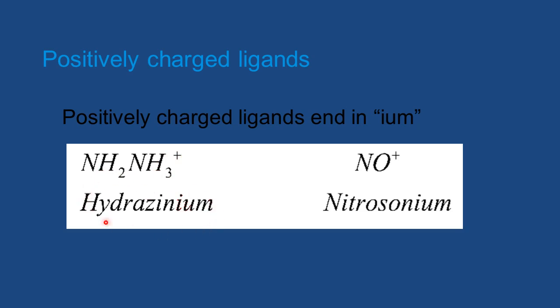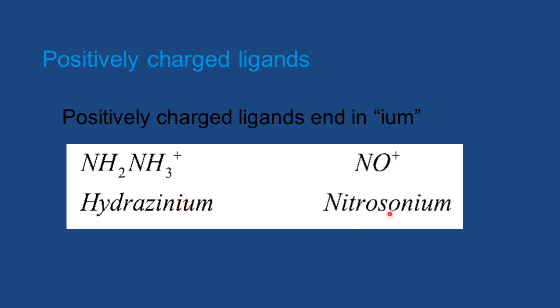So the name ends in IUM, from hydrazine to hydrazinium. Similarly, nitrosonium. If NO has a positive charge and is being used as a ligand, we have to write nitrosonium ion as it is a positive ligand.